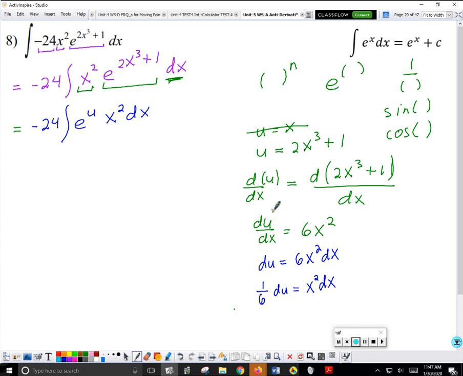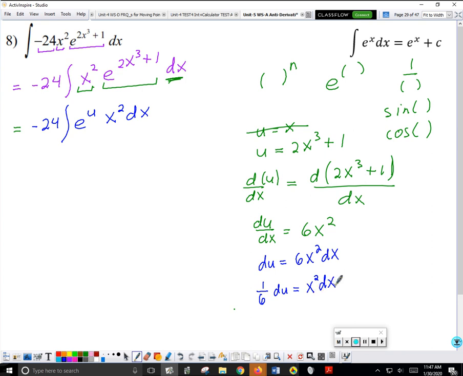What this literally says is, if x happens to be 1, what's 1 squared? 1.